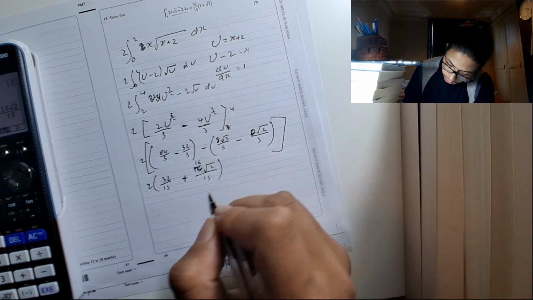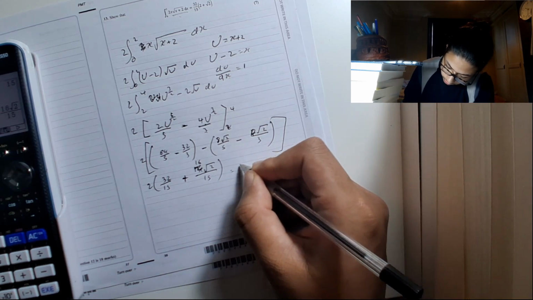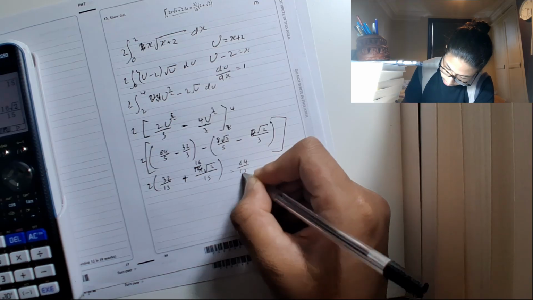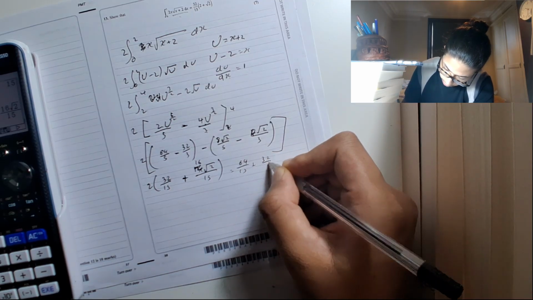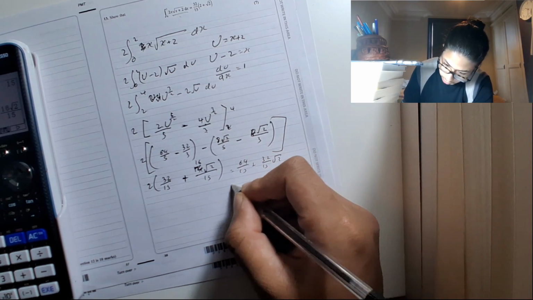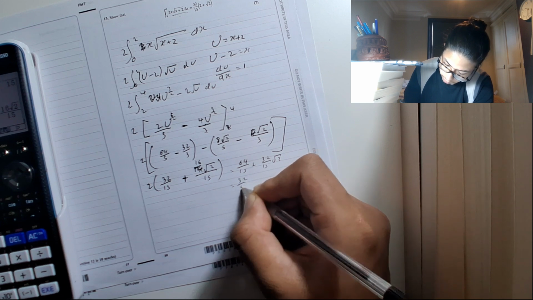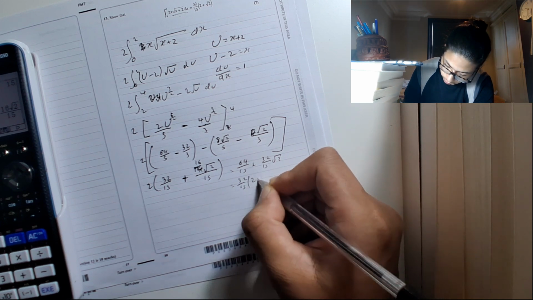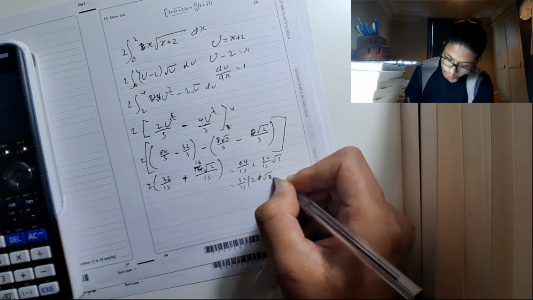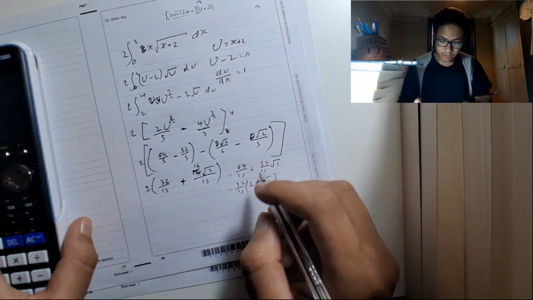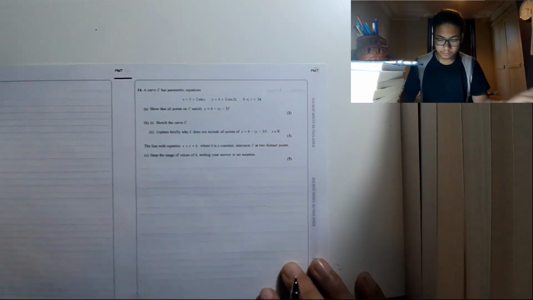Yeah, this looks better now. So then we get 64 over 15 plus 32 over 15 root 2. And then we can take out the 32 over 15 to get 2 plus root 2. Okay. See, this is why I love the straight up questions.